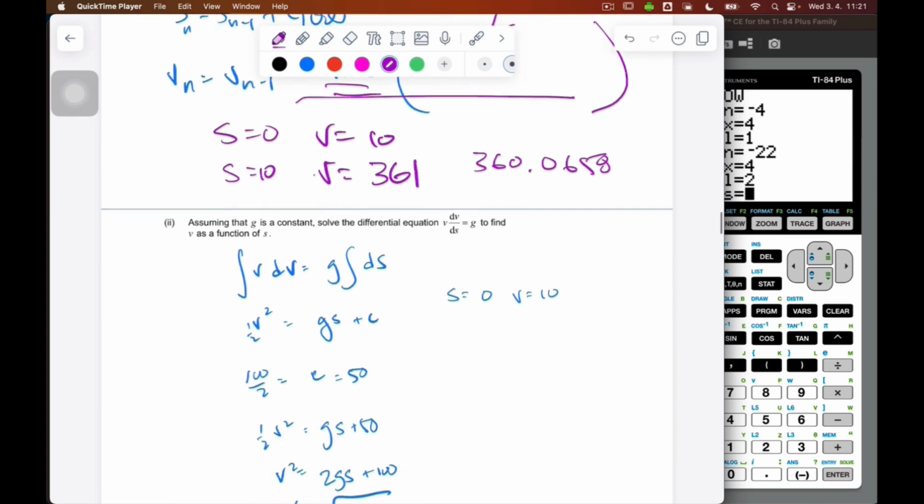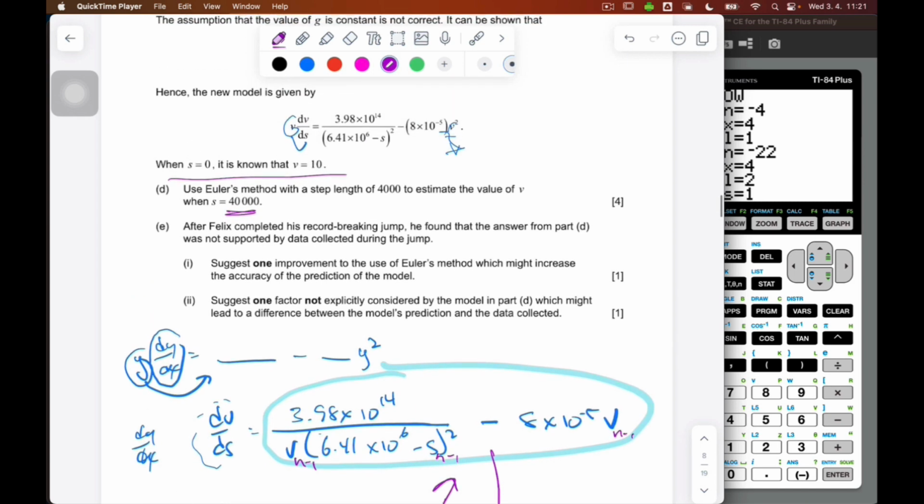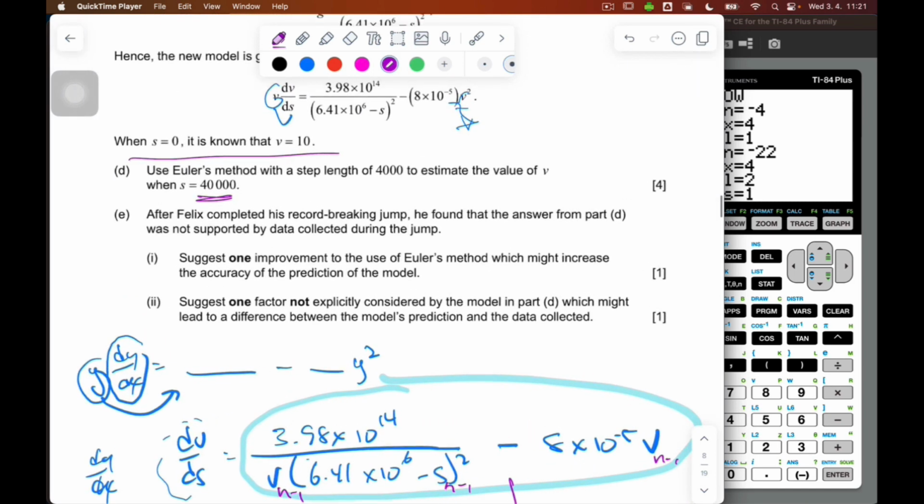And then finally, it says, suggest one improvement for Euler's method which might increase the accuracy of the prediction. Well, if you make a smaller step, change this step to 1,000 or smaller, a smaller step will make it more accurate. Or you could try to solve this equation exactly.